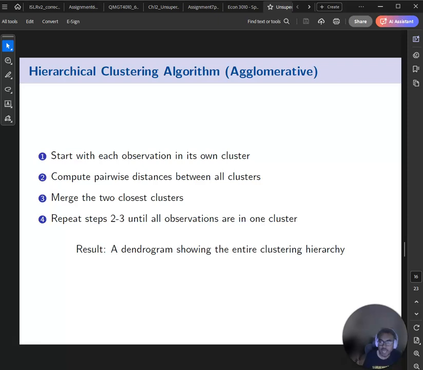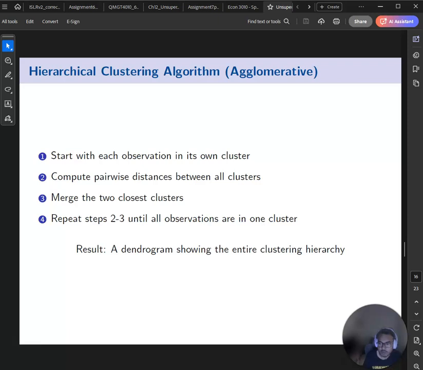Third, we find and merge the two closest clusters. This reduces our cluster count by 1. Fourth, we repeat steps 2 and 3, computing new distances and merging the closest clusters, until all observations end up in a single cluster.